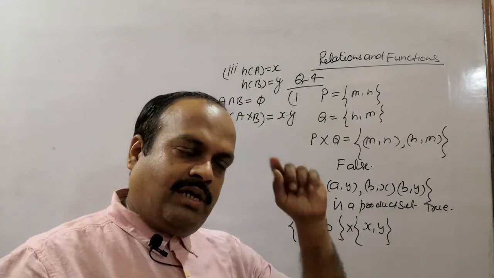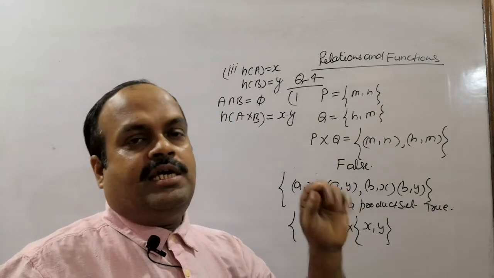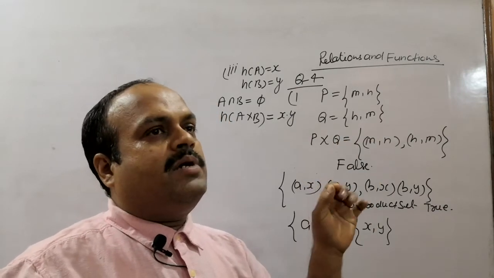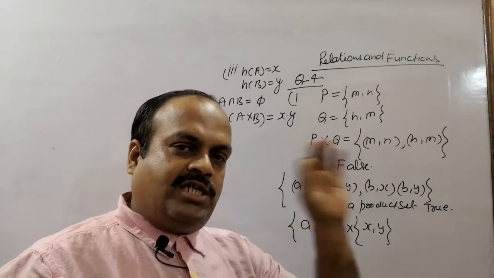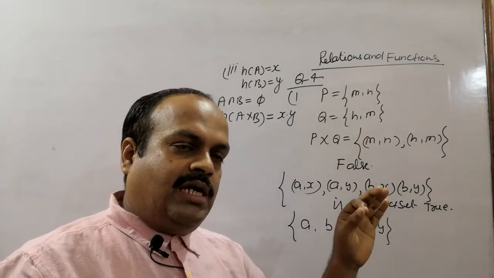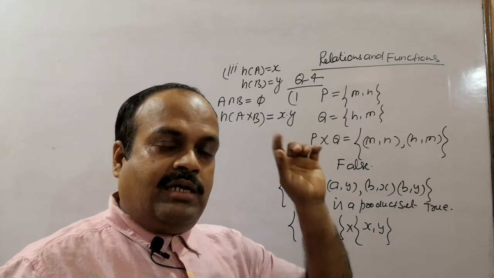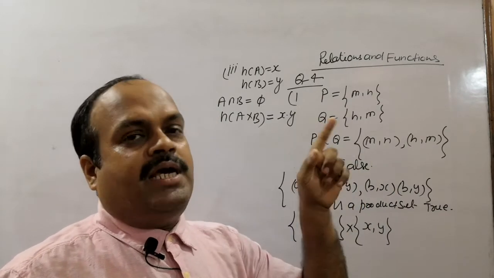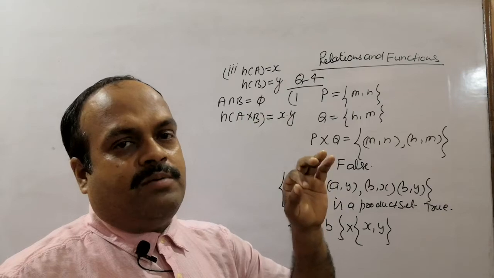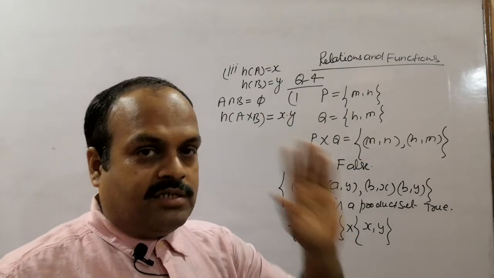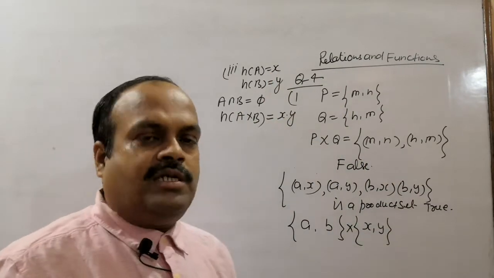I mean, if the cardinal number of first set A is 2, the cardinal number of second set B is 3, and A and B are disjoint sets, then A cross B will have 2 into 3, 6 elements. So this statement is true.